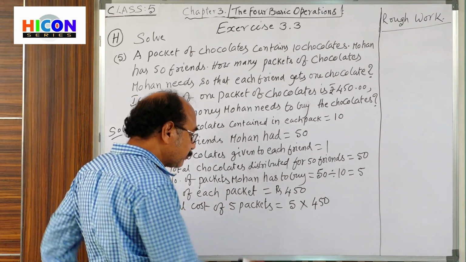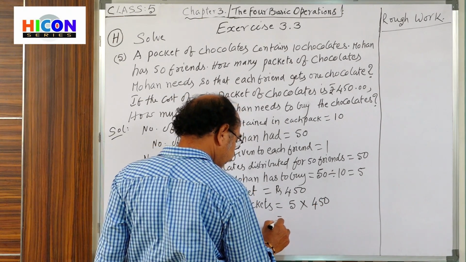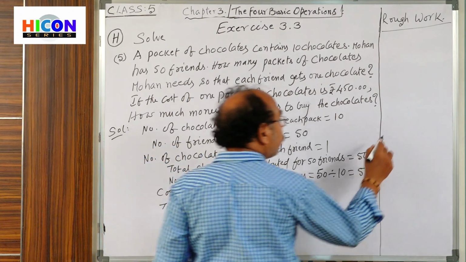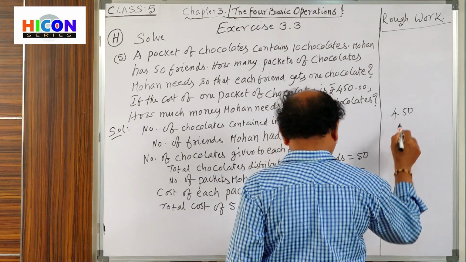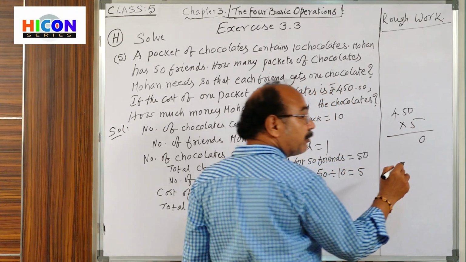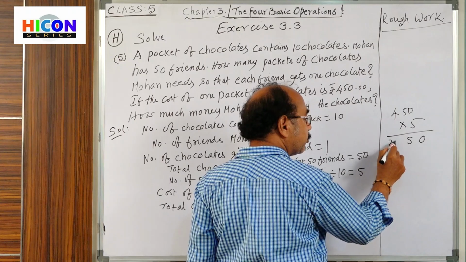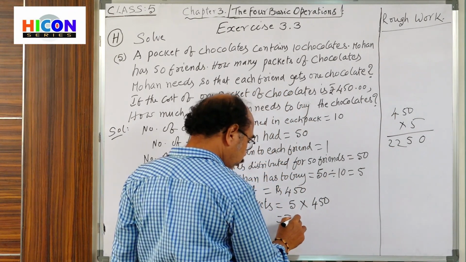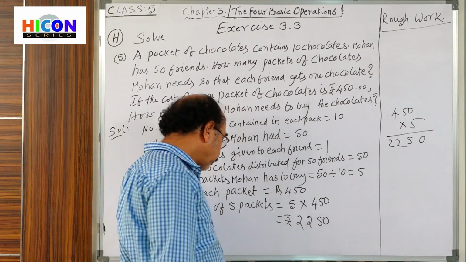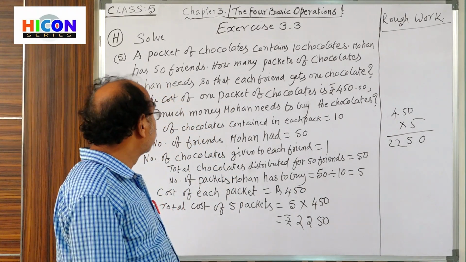Multiply. Here we write rupees. Multiply 450 into 5. 5 zeros are 0. 5 5s are 25. 5 4s are 20 plus 2, 22. That means 2,250 rupees. That is the total cost of 5 packs.